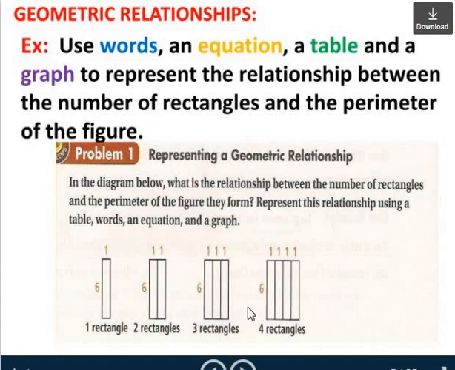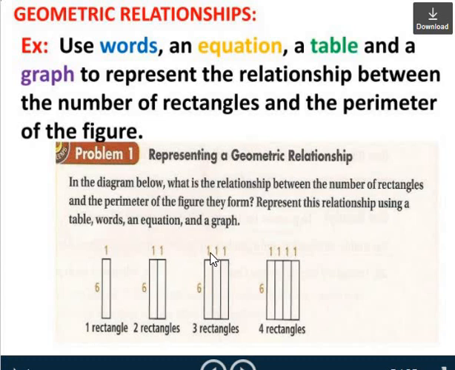Now look again at the third shape, which has 3 rectangles. You can notice that the length of the big rectangle is fixed, which is 6 plus 6, because we are looking for the perimeter, it's 12, so it's fixed. While here, since I'm talking about the third shape, which has 3 rectangles, 1 is repeated 3 times.